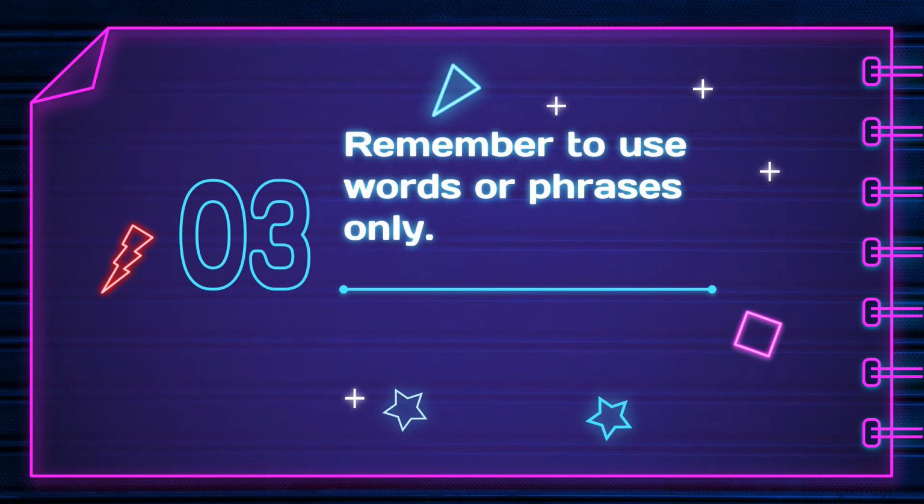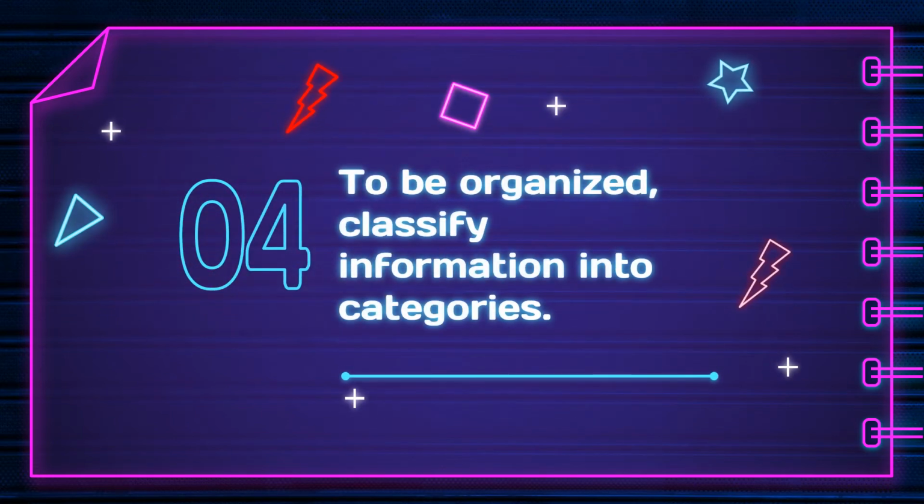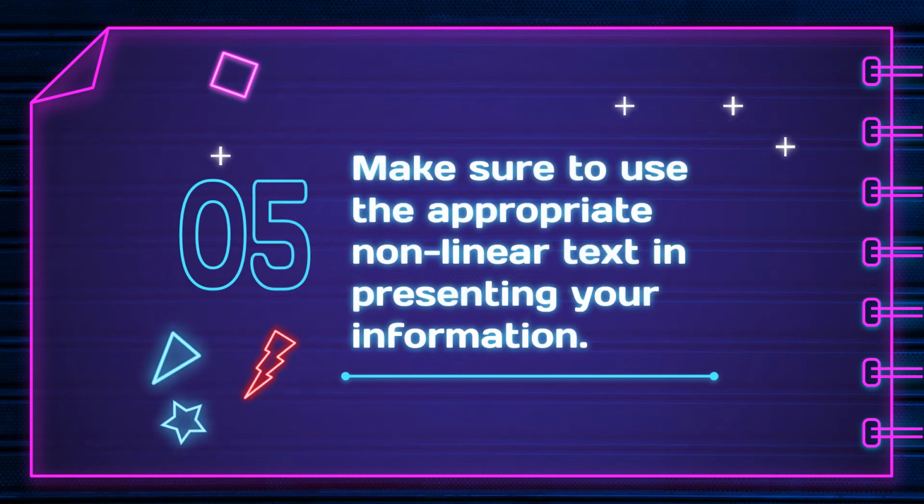Number 3. Remember to use words or phrases only. Number 4. To be organized, classify information into categories. Number 5. Make sure to use appropriate nonlinear text in presenting your information.